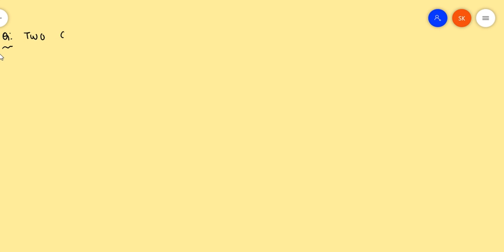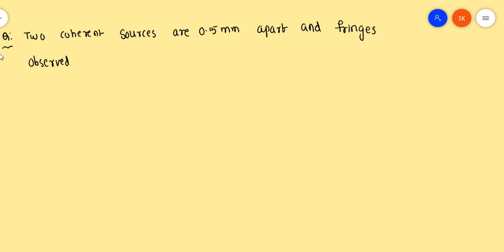A simple question. Two coherent sources are 0.15 millimeter apart and fringes are observed 1 meter away with monochromatic light of wavelength 6000 angstroms.